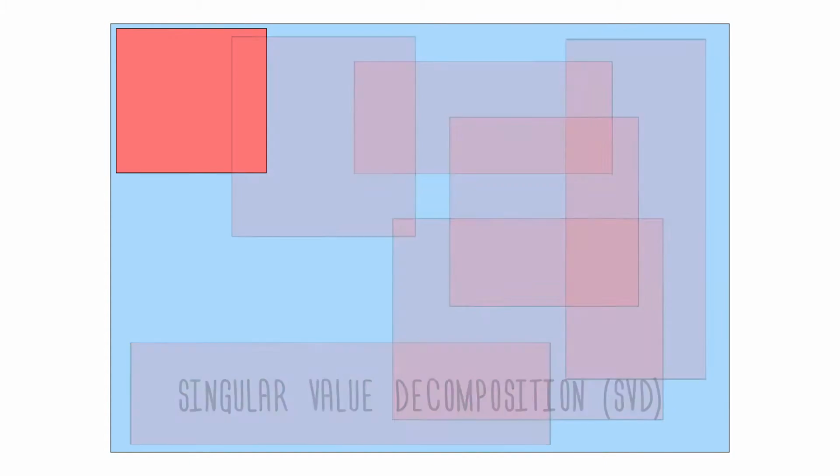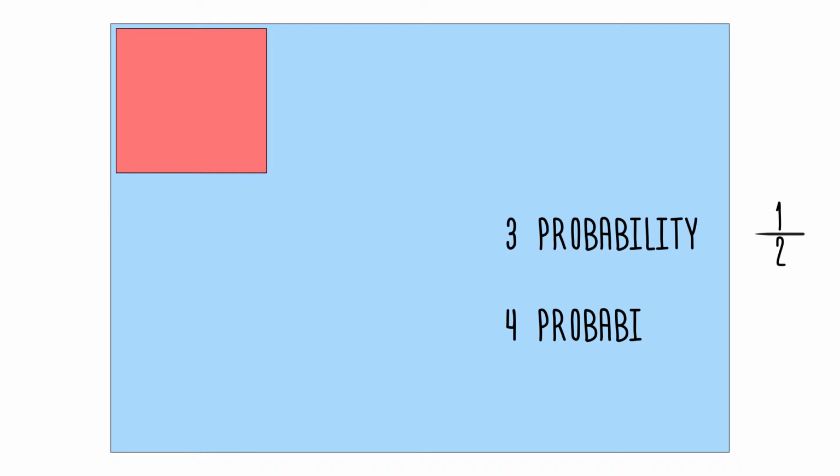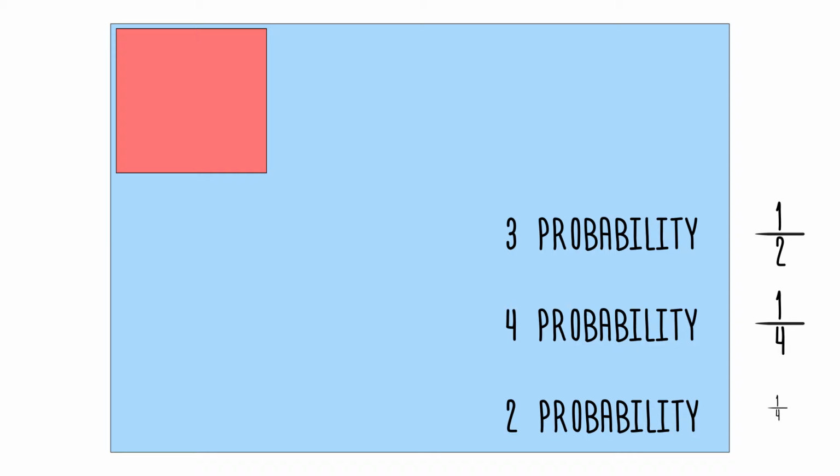For that, assume for simplicity that our matrix has only one block and that it is located on the top left of the matrix. Here, the red part is the pattern we are looking for and the blue part is the rest. For example, the blue part corresponds to only ratings from the central clusters: 3s with probability 1/2, 4s with probability 1/4, and 2s also with probability 1/4.